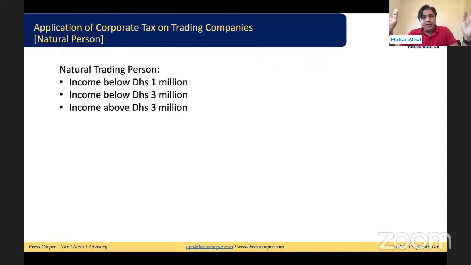there is a possibility that the natural person is registered in the free zone, or the natural person is registered on the mainland or out of the free zone. As per the UAE corporate tax law, it doesn't matter whether you are registered in the free zone or on the mainland if you are trading as a natural person.